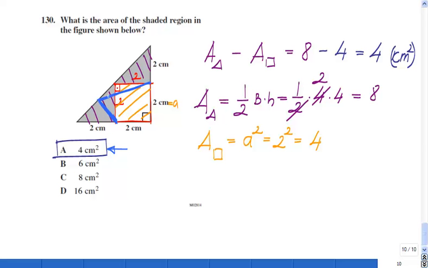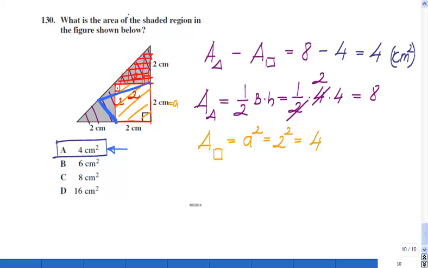That's only one approach. Another approach would be to find the area of each one of the small triangles here. If you notice, each will have a side of 2 and another side of 2, and that's a right angle over there.